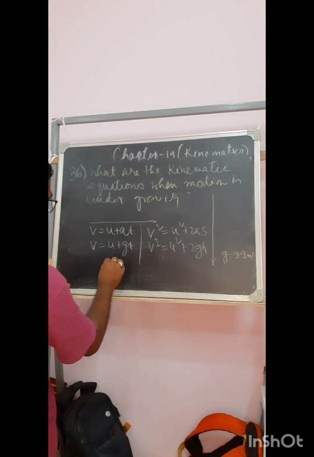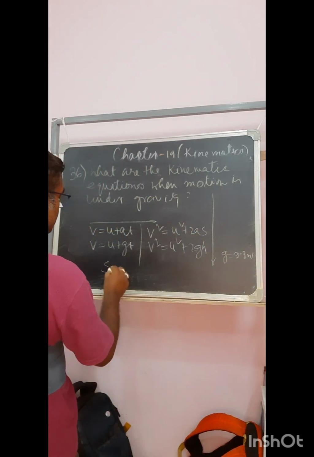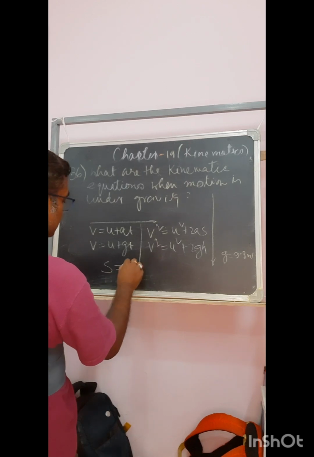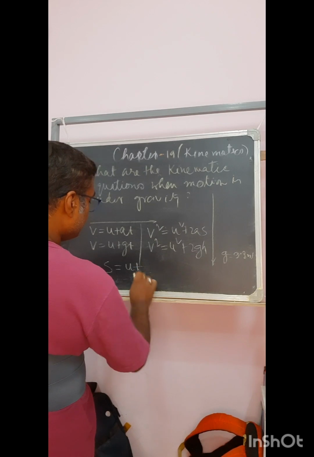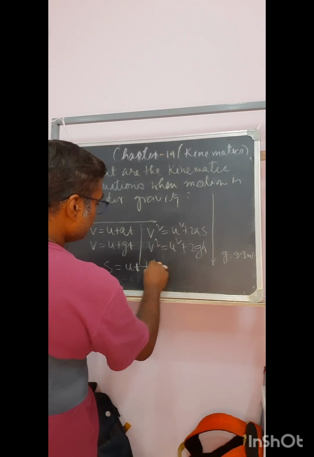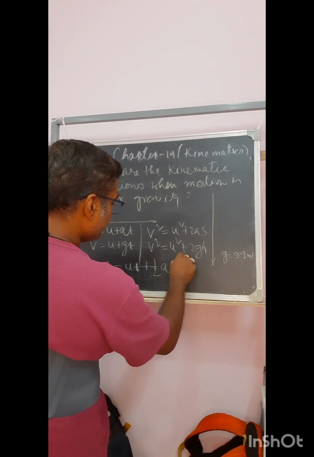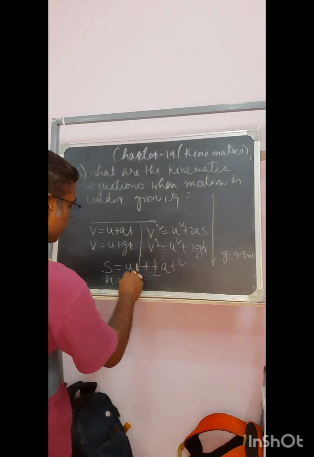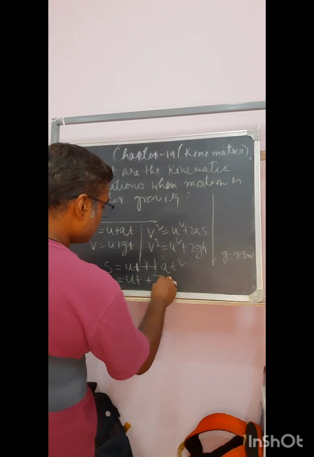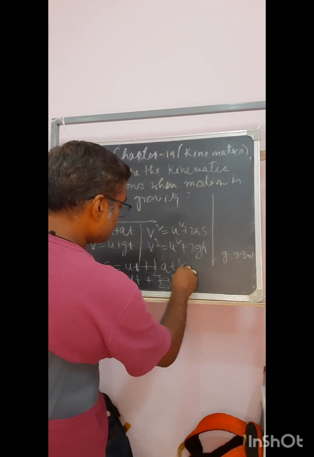And the third one, the second one is s is equal to ut plus half at square, which will turn into h is equal to ut plus half gt square.